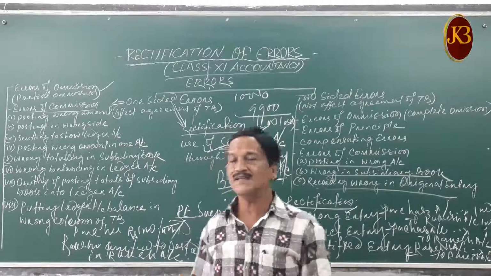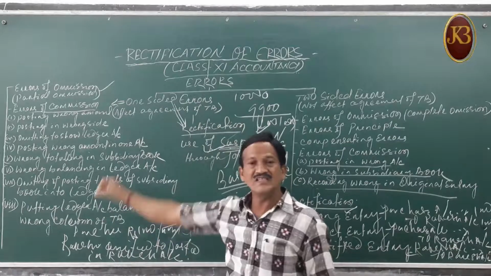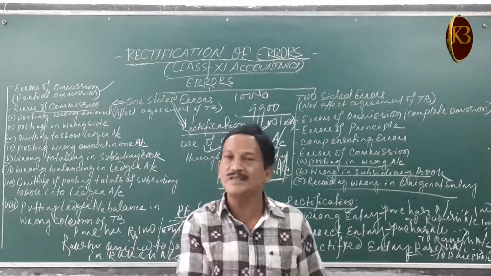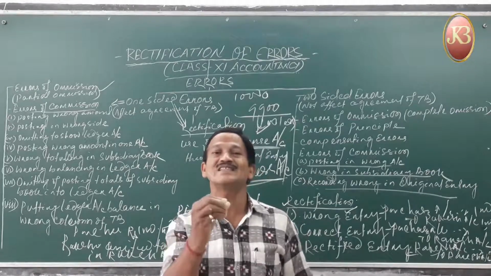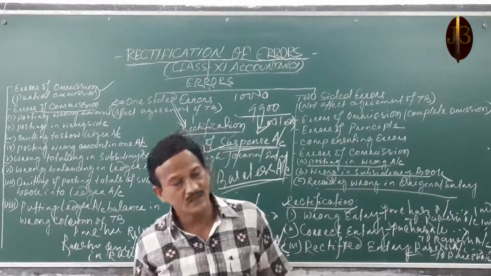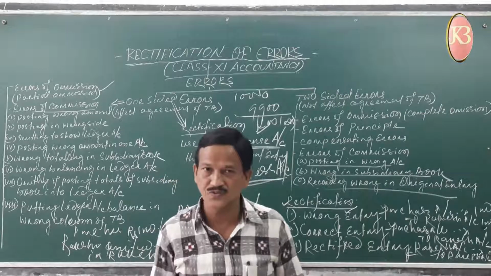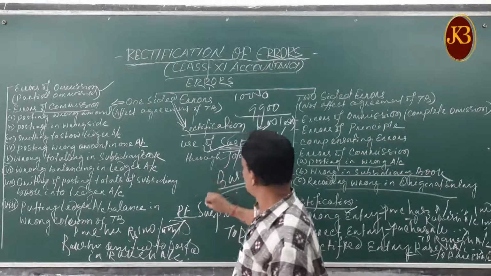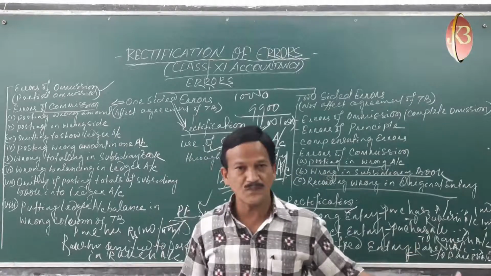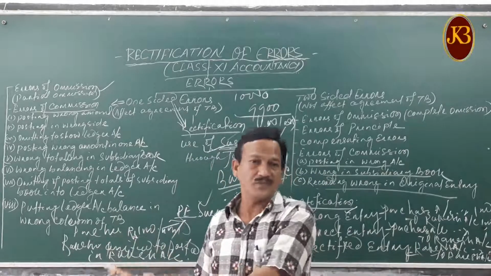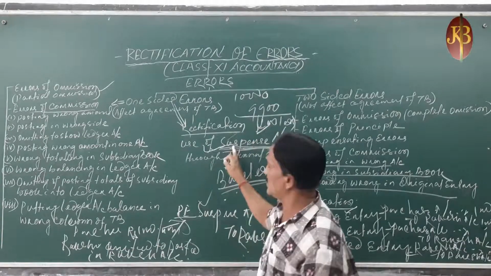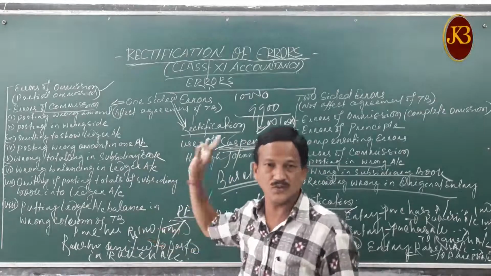This is very easy to rectify if you understand the type and nature of the errors, go through it deeply, understand what errors happen and where they happen, then use the rectification procedures. This suspense account will be used only when your trial balance is prepared but the final accounts are not prepared. Before preparing the final accounts, you can use the suspense account for rectification.